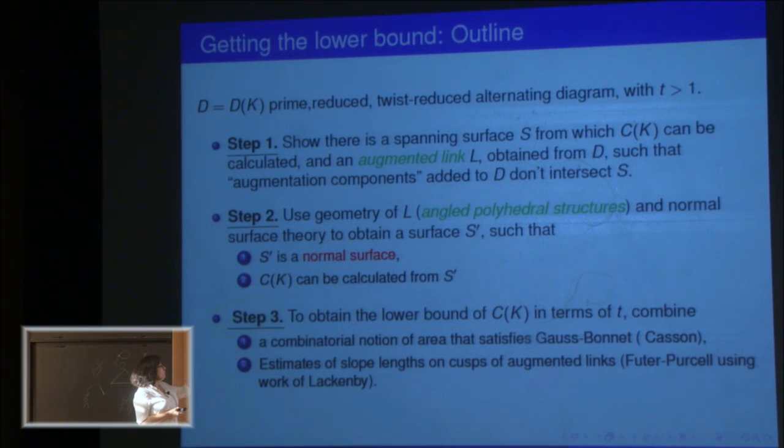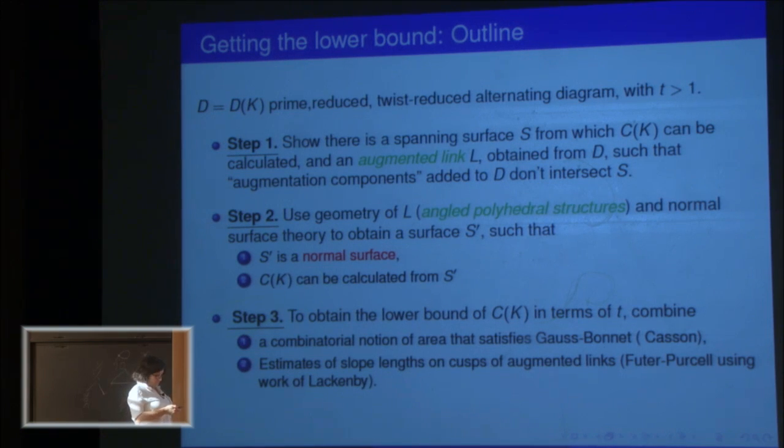So what I want to do is keep track, so I end up with a surface from which I can calculate the crosscap number, and it is in the complement of an augmented link. And then we want to make it normal and apply the combinatorial Gauss-Bonnet formula that Jessica mentioned, and get the estimate. All right?